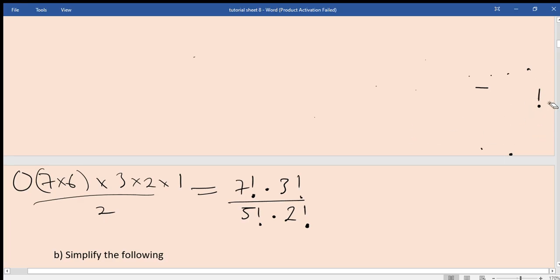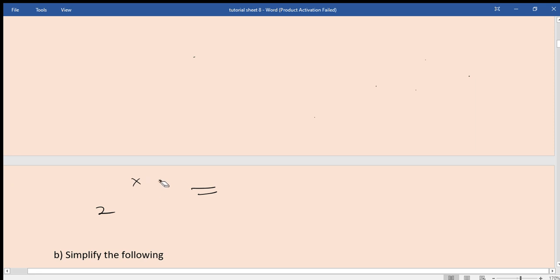So how do we write that in factorial notation? Let me delete this just to create some space in my workspace.